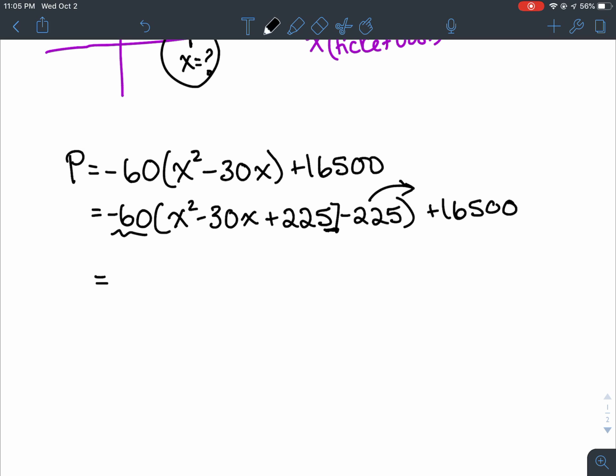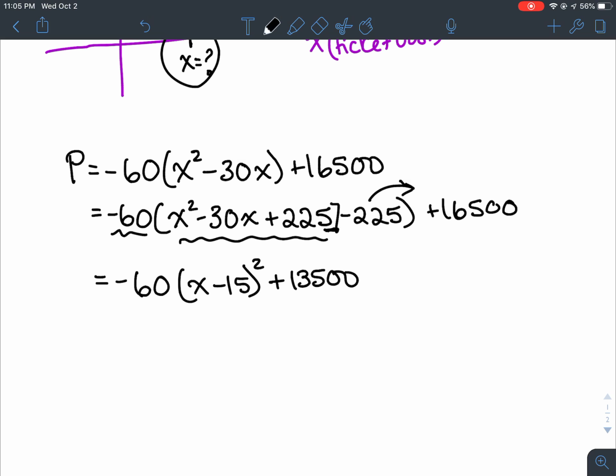And then I'm just going to factor this bracket at the same time, because I know that that's going to factor into x minus 15 squared, because we made it a perfect square. Then when I multiply negative 225 by negative 60, I get positive 13,500 potentially.